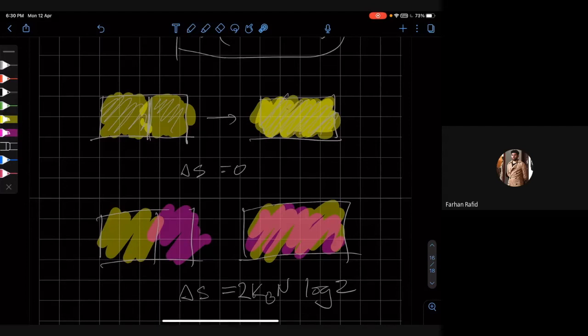But if we could follow all these particles around, then of course the entropy should increase, because we could say, oh, the particles here have more places to go to. And therefore the change in entropy should be this, not 0. But if the particles are such that truly they're indistinguishable, that when you remove the partition, there is no way of telling which particle went where, then we can say that we have indistinguishable particles and the entropy change should be 0.